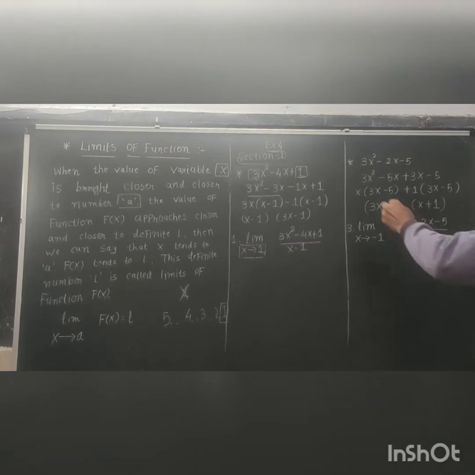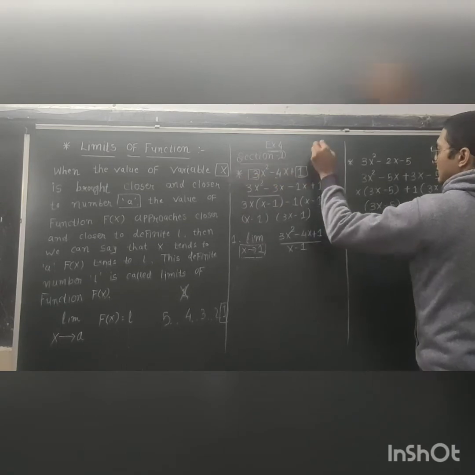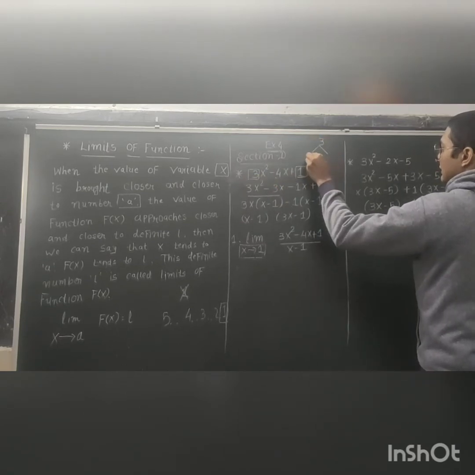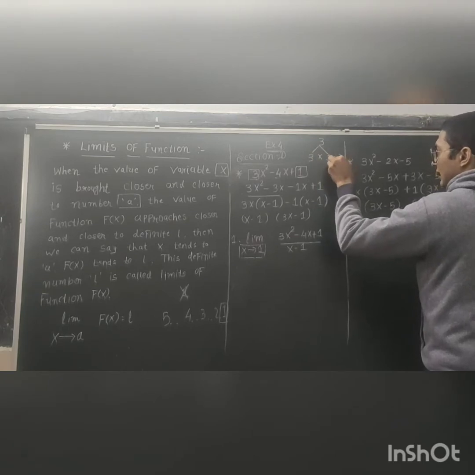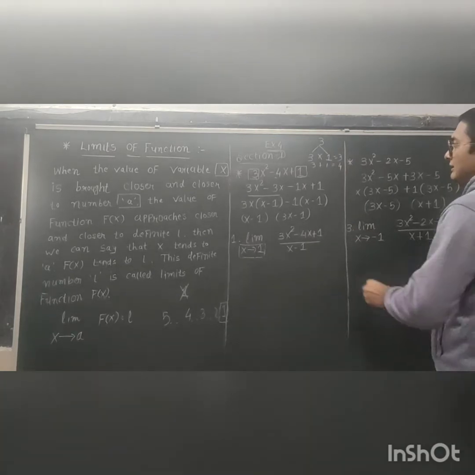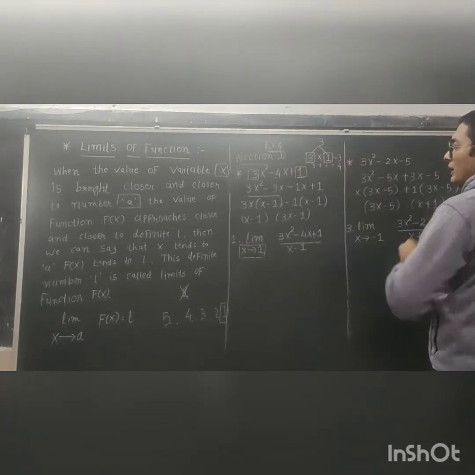Because I want my total to be 4, and here 3 times 1 is 3, so we take 3 and 1: 3 times 1 is 3 and 3 plus 1 gives 4. It means there are two parts, where one is 3 and another is 1.